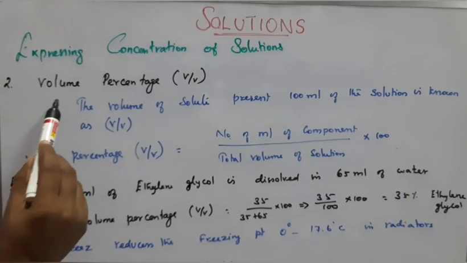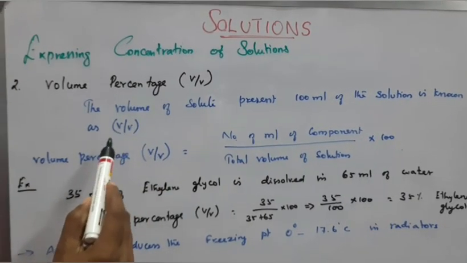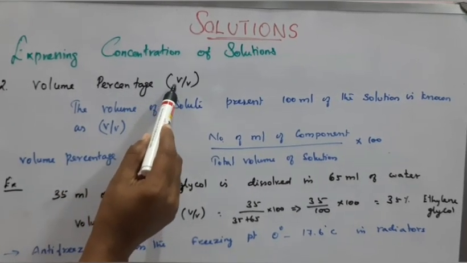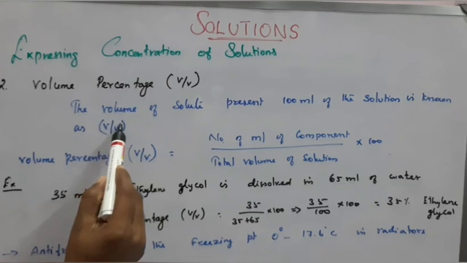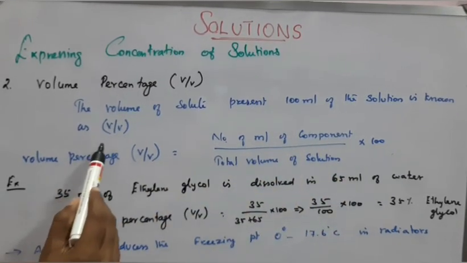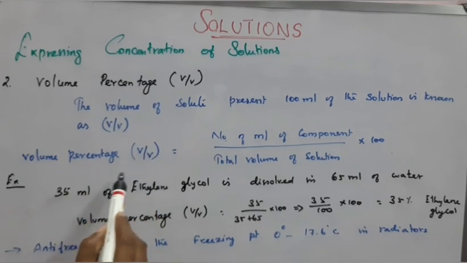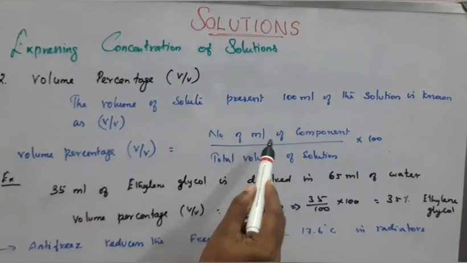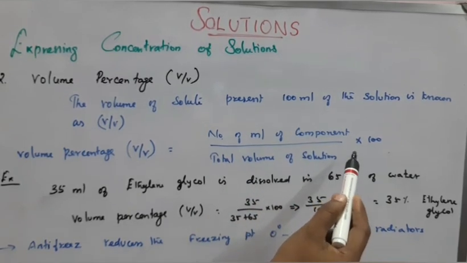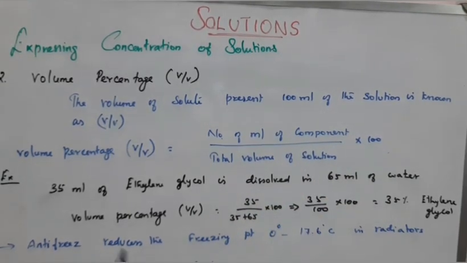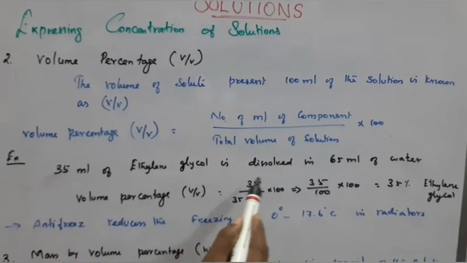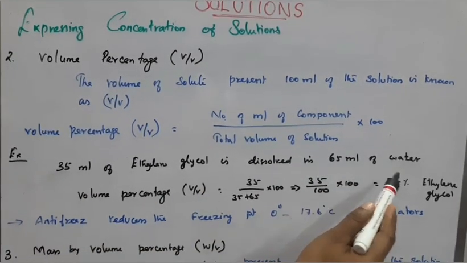The next one, volume percentage. What is the meaning of volume percentage? It is expressed as V by V. The volume of solute present in 100 ml of the solution is known as volume percentage. Volume percentage equals the volume of component divided by the total volume of solution multiplied by 100. Suppose 35 ml of ethylene glycol is dissolved in 65 ml of water.